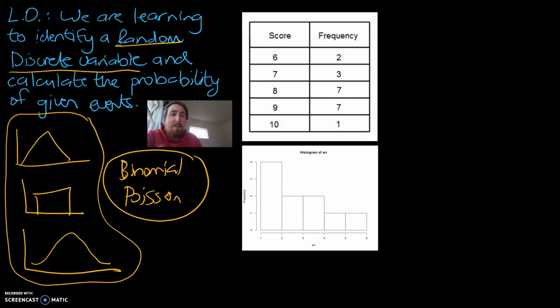The first one up the top is actual data from a surprise quiz that I gave my year 9 class last week. You can see out of 10, they've got varying scores between 2 and 6. From that table, we can actually calculate the probability of each of these outcomes, and we can use that to make some further calculations. Just like that on the histogram, this is a random one I stole from the internet.